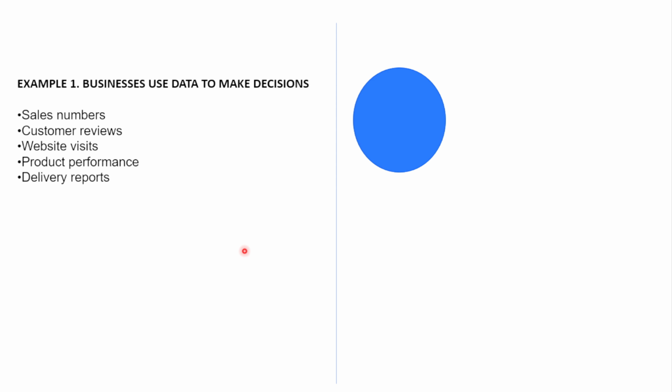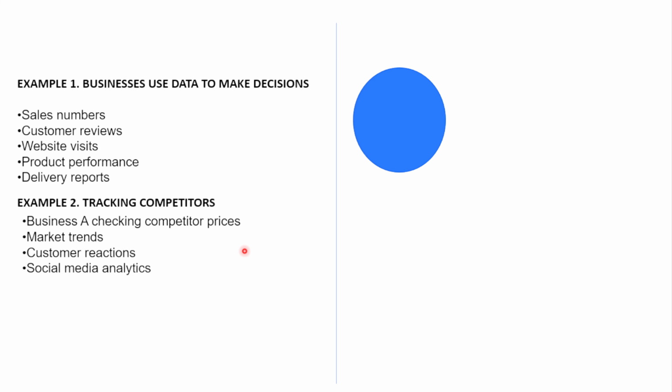But collecting data alone is not enough. The real value comes when the data is processed into meaningful information, because the information helps businesses make quick and smart decisions, right? Let's look at the second example.